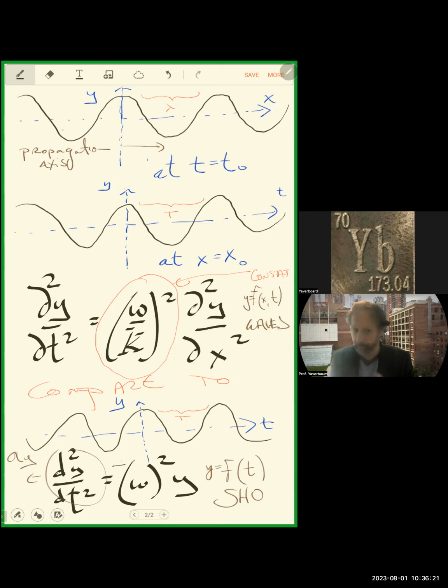I'm going to say it one more time because I want to contrast that with what it means to be a wave. The rate at which the mass point accelerates back to the equilibrium point is directly proportional to the mass point's displacement from the equilibrium point.